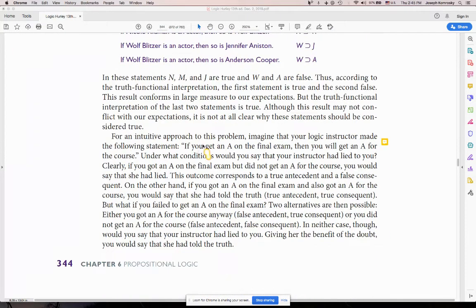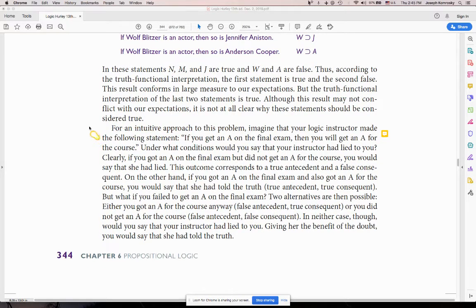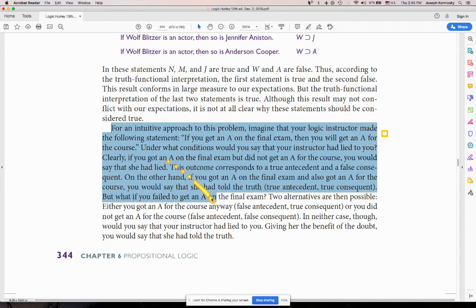So for that part, let me show you this section. So this guy right here, you'll see why you could have a false antecedent and still have the whole conditional be true.